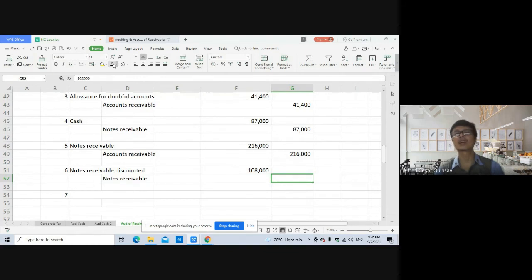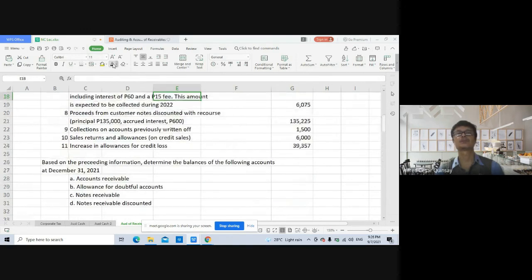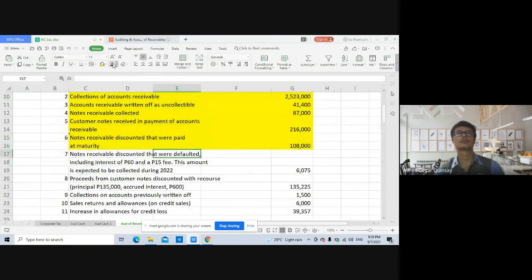Yan. So pina-discount kasi itong notes receivable, no. So for 108,000. Yan. Okay. And then so tinatanggal lang natin siya sa notes receivable. So nilalagay natin siya sa notes receivable discounted. Now, if you want to check yung some of the lessons in notes receivable, I have a link placed somewhere here, somewhere in the video.